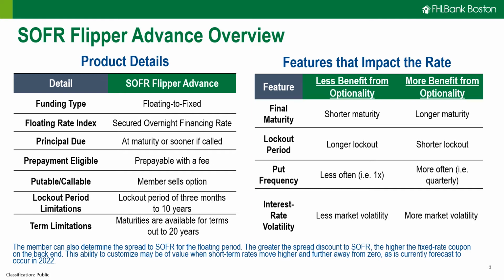So right now, SOFR is at 5 basis points, so an indicative structure might be SOFR minus 5 basis points. If the Fed hikes rates as they're expected to do and SOFR goes to 75 basis points, then the rate you would be paying would be 70 basis points: SOFR at 75 minus the 5.